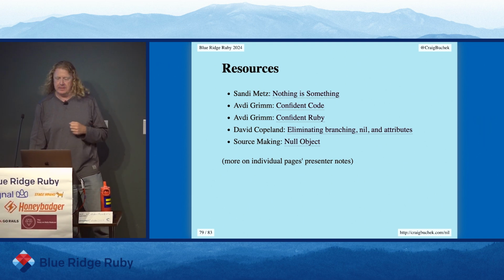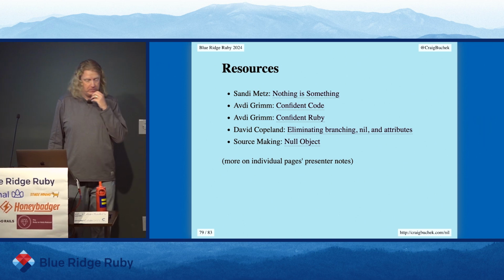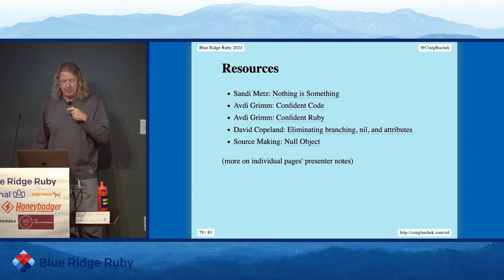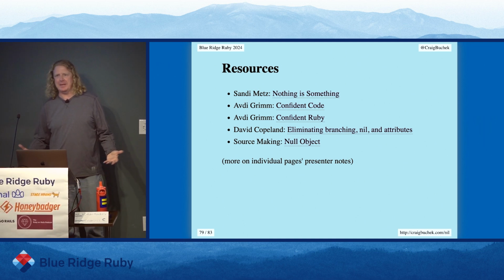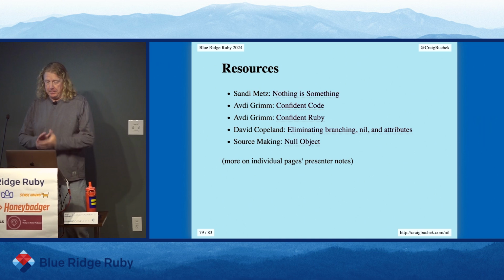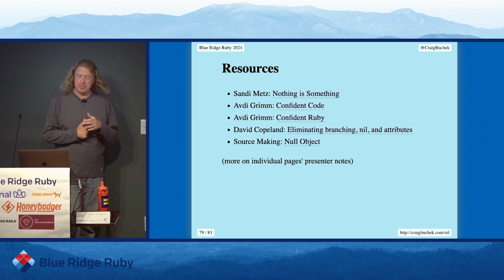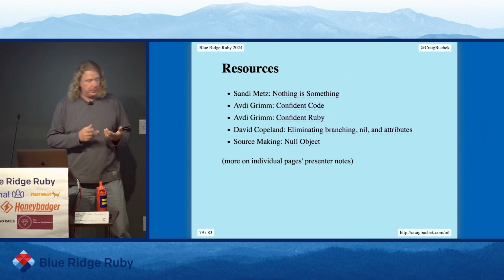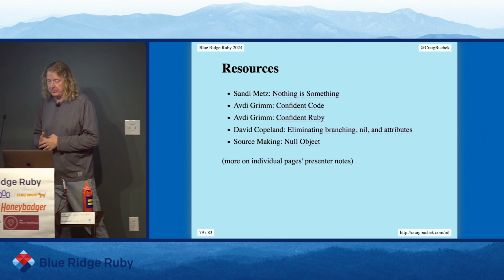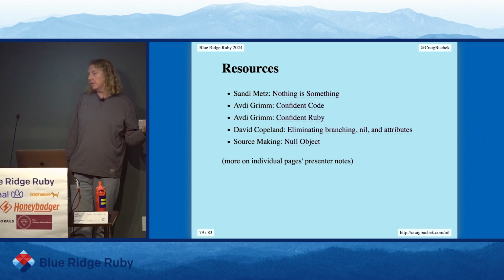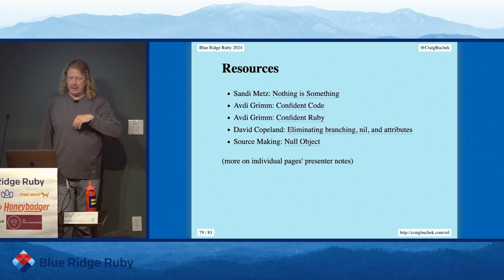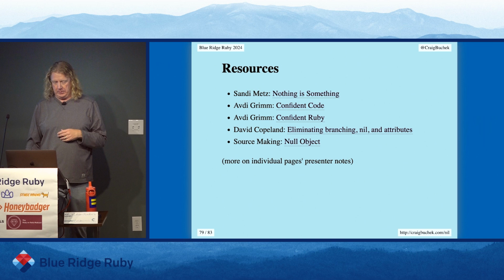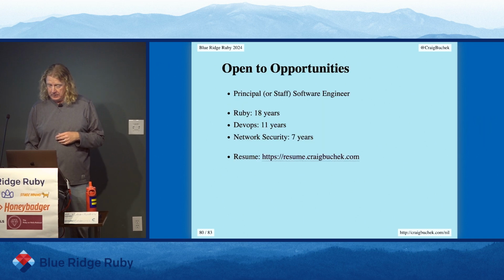David Copeland, I didn't see this one until I was working on this talk, eliminating branching, mutable state, and attributes in his Ruby code. And in some ways, they lead to better code. There's a couple of really good sites on design patterns. Sourcemaking is one of the best. It's also really good for refactoring and anti-patterns. And if you look at the presenter notes, a lot of slides have some more resources.